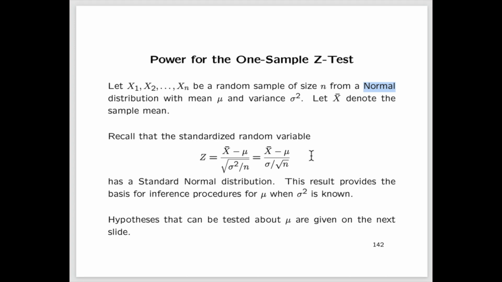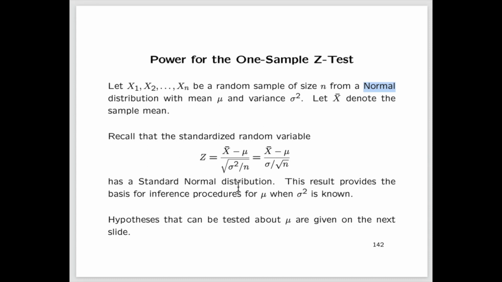Now, if the underlying population that we're sampling from is not exactly normal, then at least if we have sufficiently large samples, by the central limit theorem, the standardized version of x bar will be approximately normal. So we'll at least have approximate normality, and we'll have exact normality if we are sampling from a normal distribution.